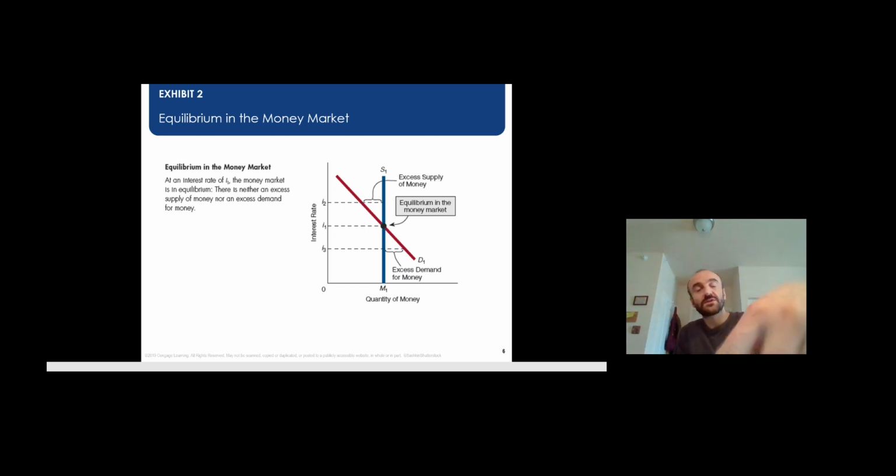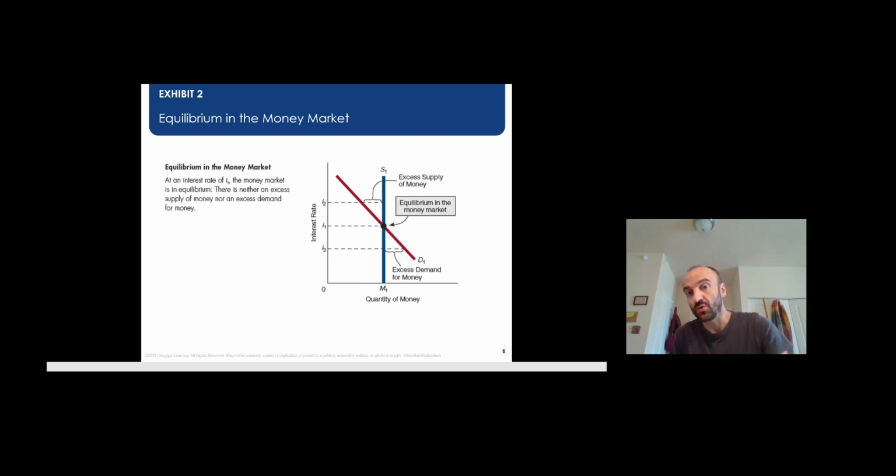Conversely, if you have excess supply of money, here the quantity demanded on the horizontal axis will be lower than the quantity supplied, then the quantity demanded will have to increase. With the interest rate going down, people would want to borrow more money.